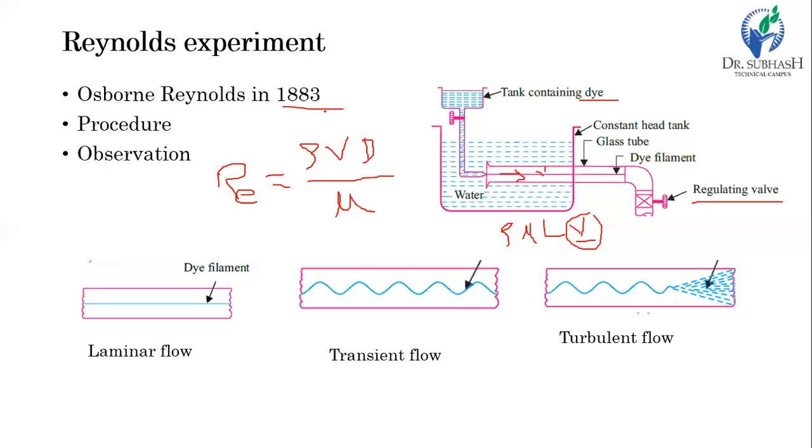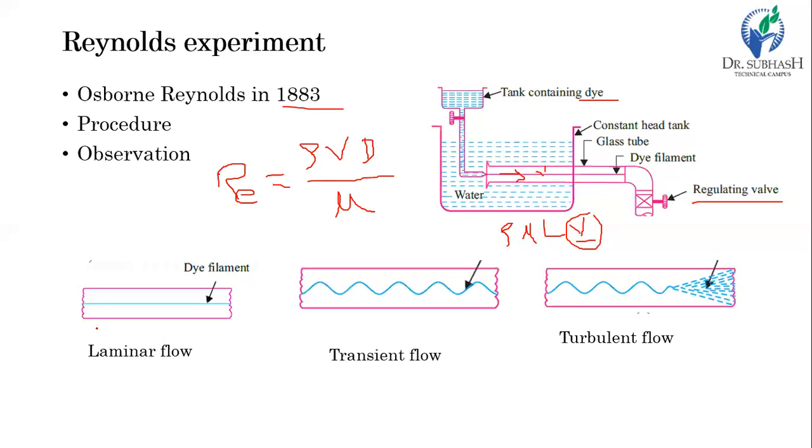In this equation, rho, diameter and mu are constant at a particular temperature, so according to the velocity, the Reynolds number will change. With very low velocity, the Reynolds number is very low; with some higher velocity, it is high; and with very high velocity, it is very high.